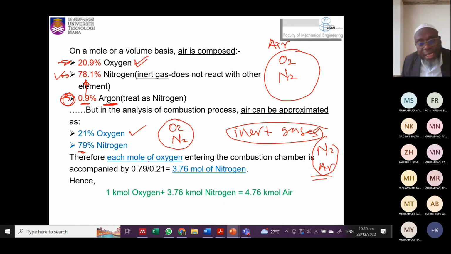Now let us see. Therefore, each mole of oxygen entering the combustion chamber is accompanied by 3.76 mole of nitrogen. Look over here.